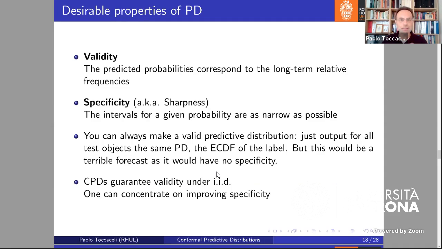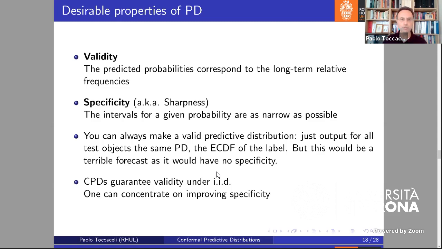Then the other desirable property is specificity, or also sharpness. The intervals for the given probability are as narrow as possible. And the two properties go hand in hand. You can always make a valid predictive distribution.